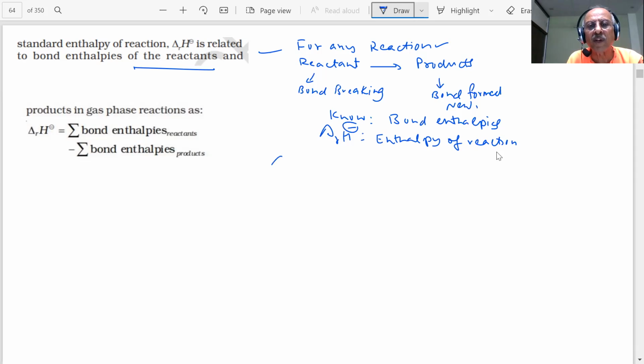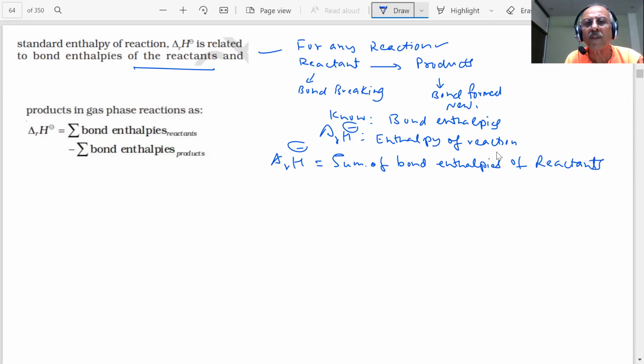Delta rH will be equal to the standard value, sum of the bond enthalpies of reactants. This is positive. The heat is absorbed, student. Yes or no?